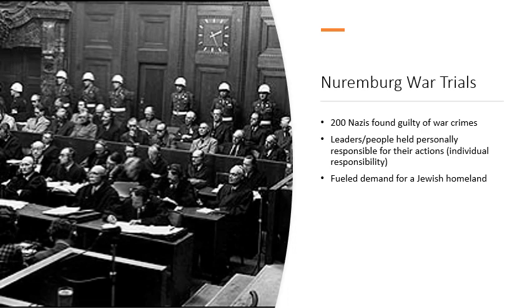They were said to have individual responsibility. And the Nuremberg war trials also fueled the demand for a Jewish homeland. The idea is that if this could happen to Jews in Europe, they needed a place where they had a sanctuary, where they could get away from everybody. And this is what would lead to the creation of the modern state of Israel.